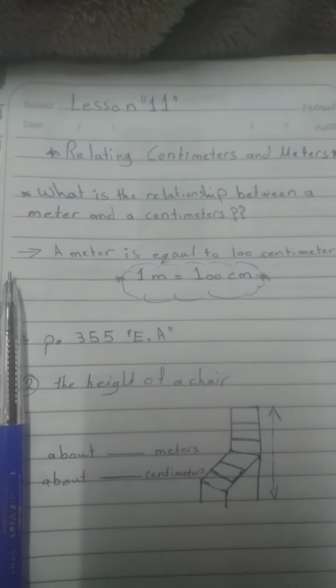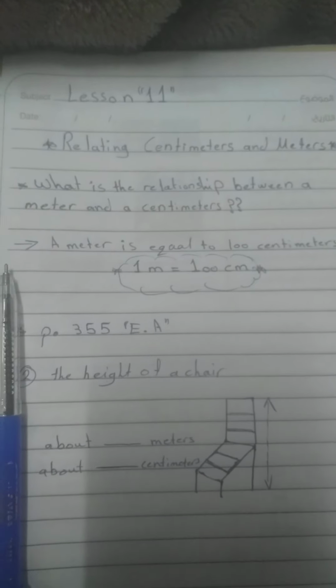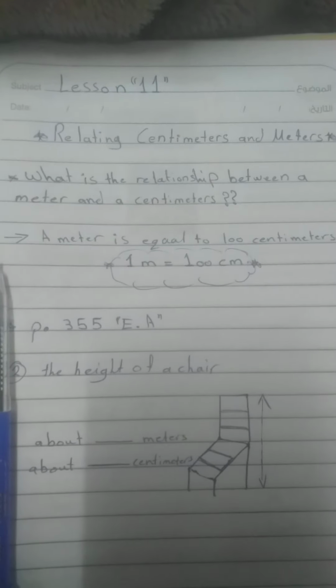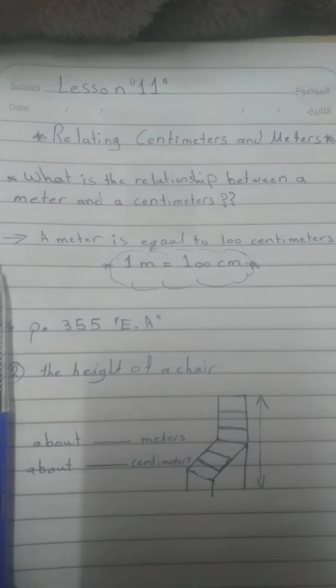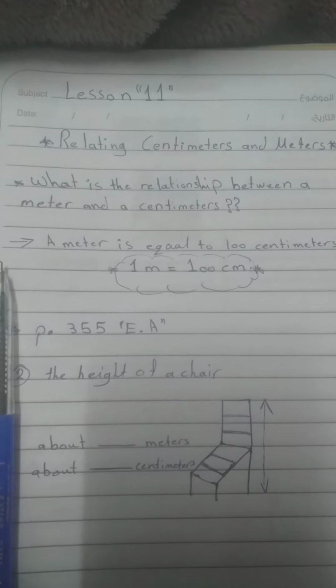Now we are on lesson 11, relating centimeters and meters. Firstly, we have to know the relationship between a meter and a centimeter. You have to know that a meter is equal to 100 centimeters. 1 meter equals 100 centimeters.